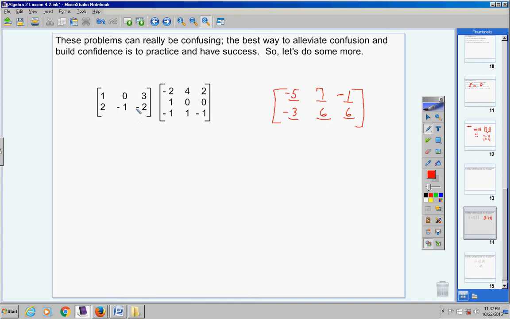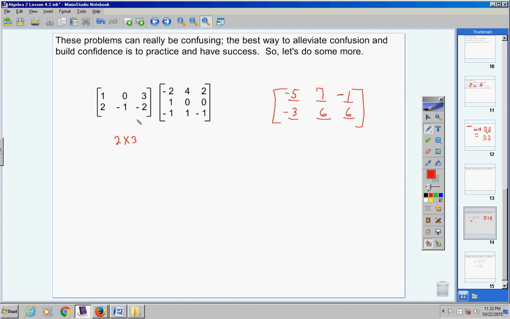But with your graphing calculator, you could hit second matrix, and then scroll over to edit, and then hit enter. Okay, so hit second matrix, scroll over to edit, hit enter, and then make your order a 2 by 3, and then enter all of these numbers. Then hit second quit. Are you listening?